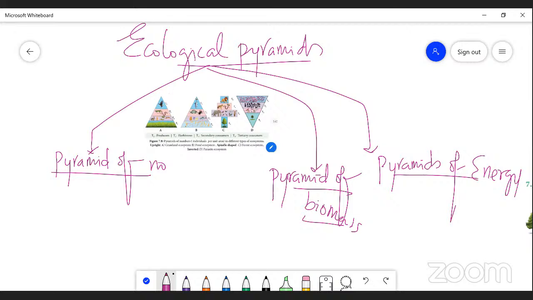This classification was first given by Charles Elton in the year 1927. Hence it is known as Eltonian pyramid, or ecological pyramid.